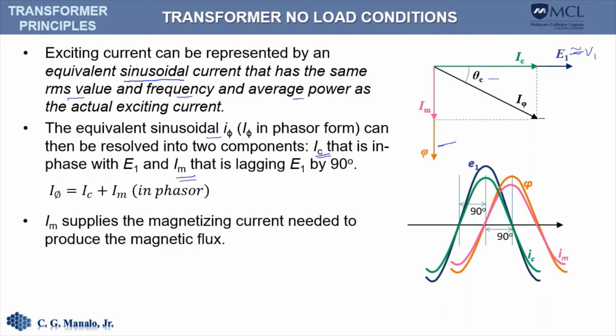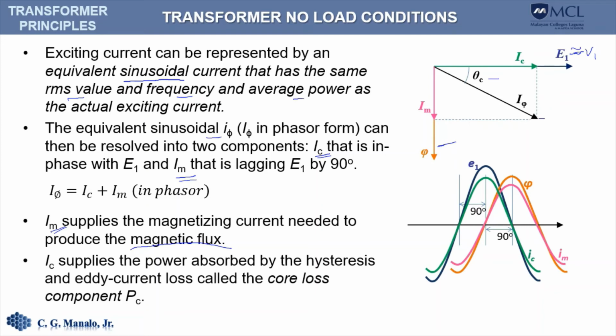Now I sub M here can be considered as the component that supplies the current, we call it the magnetizing current, that is needed to produce the flux, while the component I sub C is the component that will supply power to account for the losses inside the transformer core. These losses are the hysteresis and the eddy current loss.